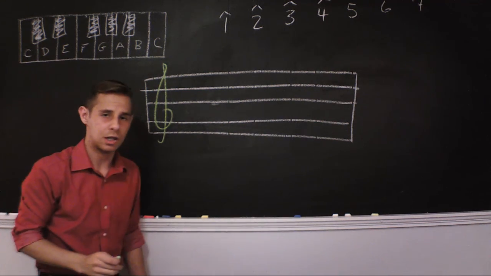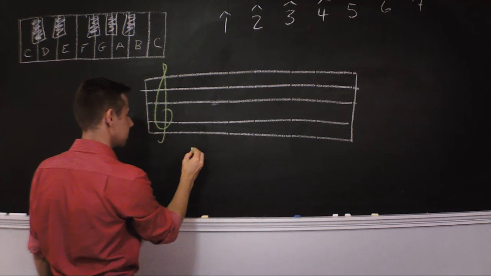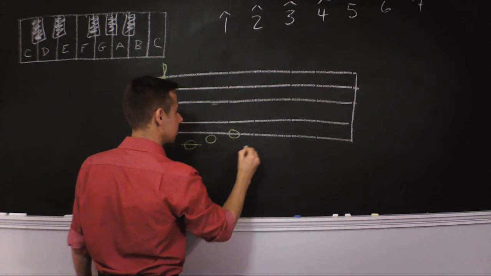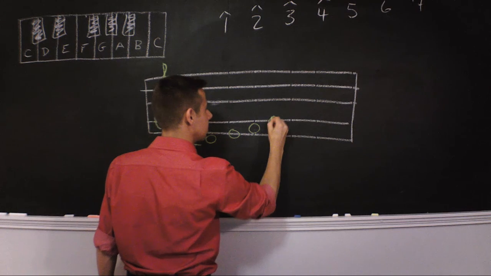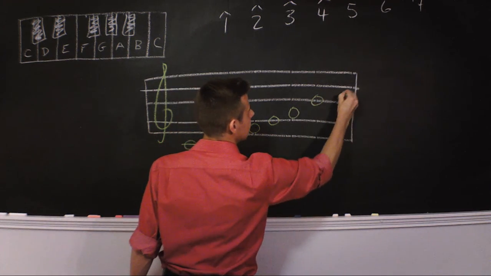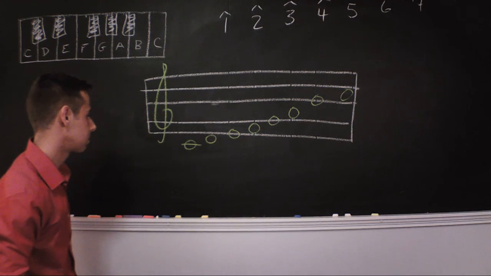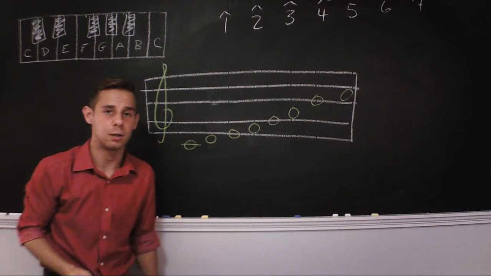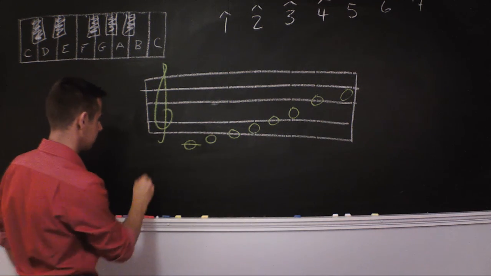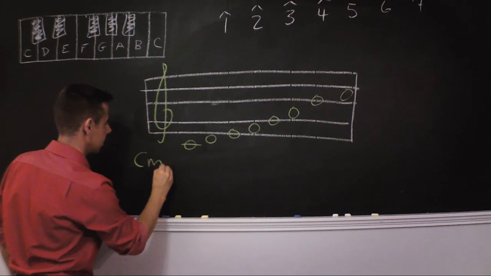Now to start, I'm going to draw up a C major scale. And we'll go back to tonic. C major scale. Now, the natural minor, and we'll call it C minor.